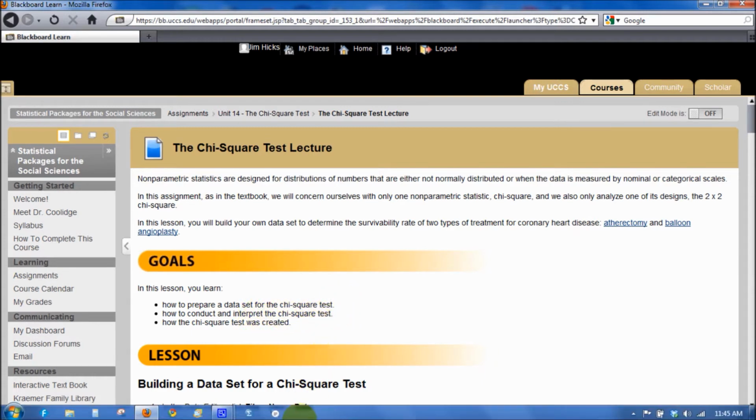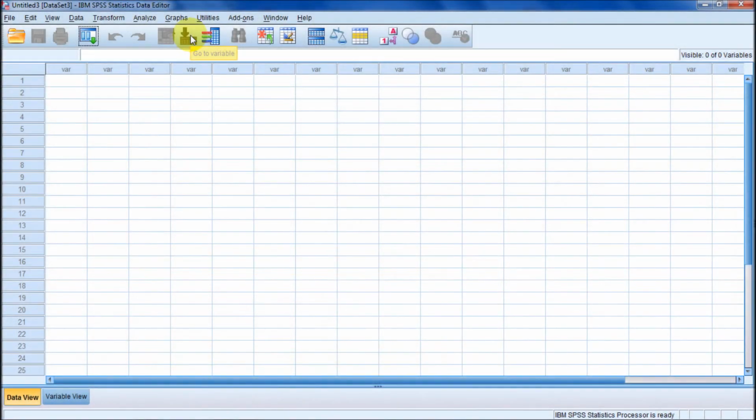So let us open up a new data set so I can show you how to enter this, because SPSS makes it a little tricky. Let's open a new data set, and I'll show you how we'll enter the data in our book. We're going to use the problem in the book in chapter 15, on pages 352 and 353, problems number 12 through 15.